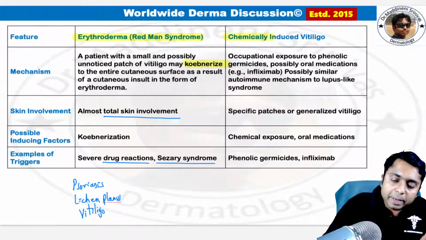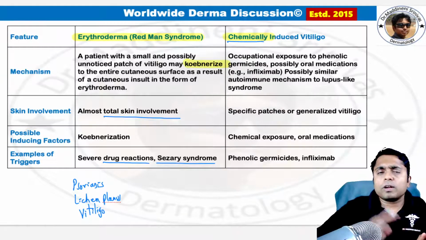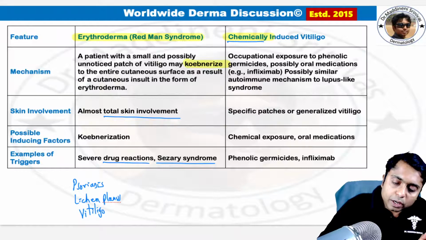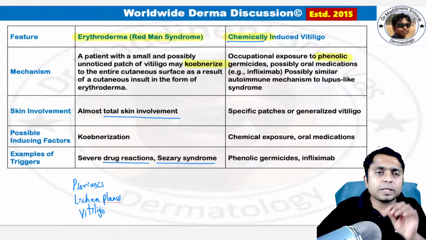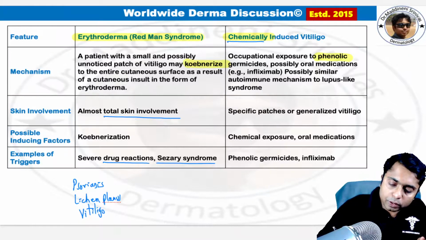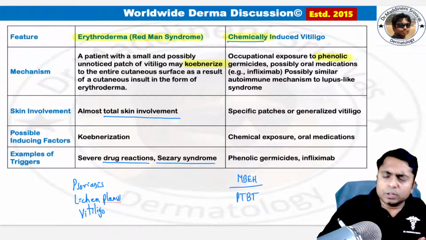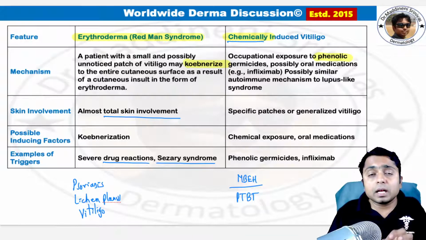Coming to chemically induced vitiligo, I hope all of you know that phenolic compounds, the monobenzyl ether of hydroquinone in the case of slippers, and para-tertiary butylphenol in the case of the bindi, are associated with chemical leukoderma.